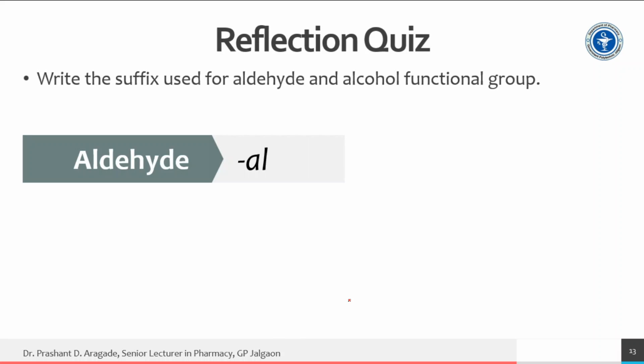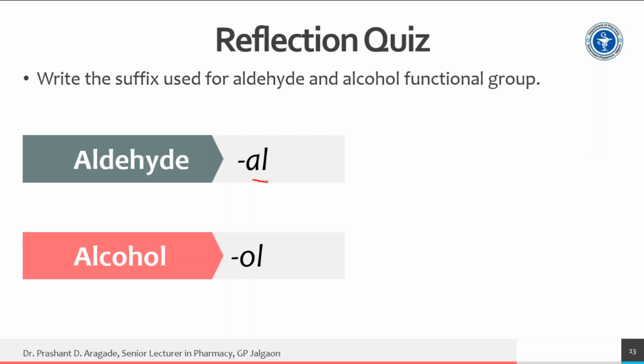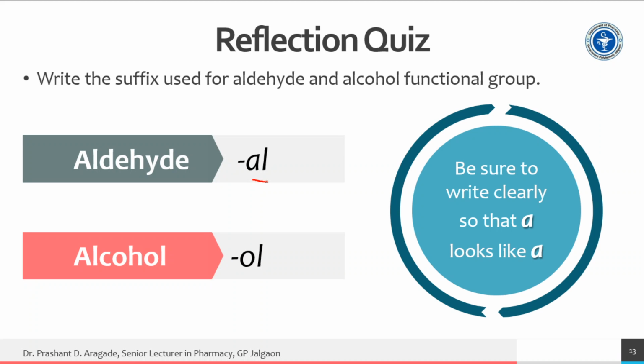You know very well, for aldehyde we are using the suffix al for naming as per IUPAC rules. And in the case of alcohol we are using ol. Remember that you have to take care while writing the suffix of aldehyde and alcohol.